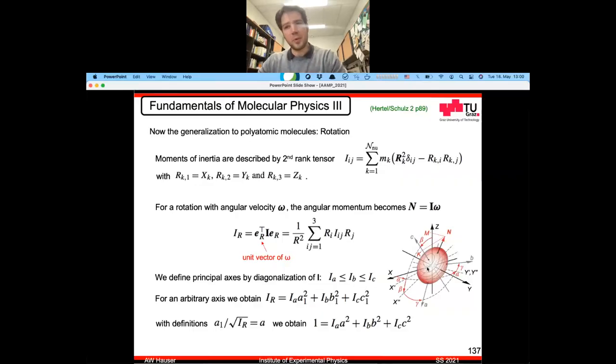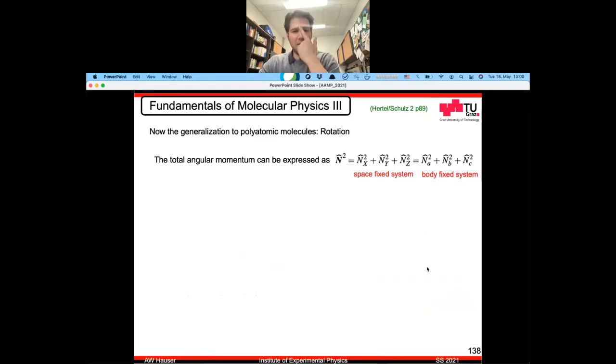This is going to be important on the next slide when we talk about real molecules, which can be of any shape, spherical, maybe a little bit pancake-like or more cigar-like in shape. So that's what we're going to discuss now, but we just need to have a clear system of reference. And here we have two choices.